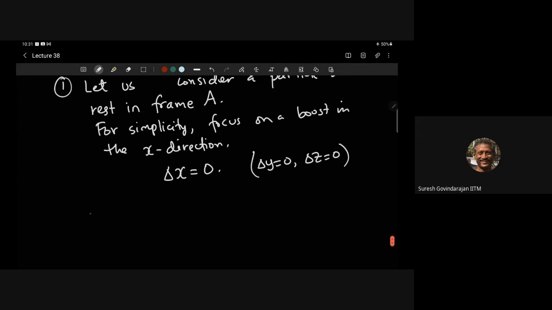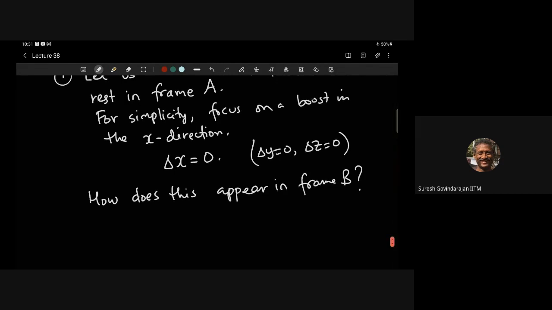Now, how does this appear in frame B? We can ask what delta x prime is. Instead of doing that, I will work out what delta x prime by delta t prime is.